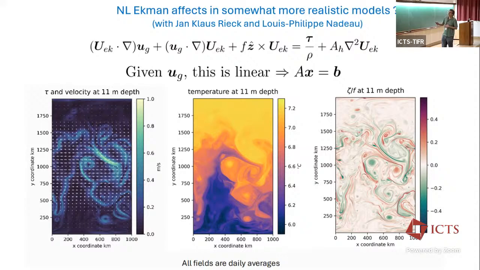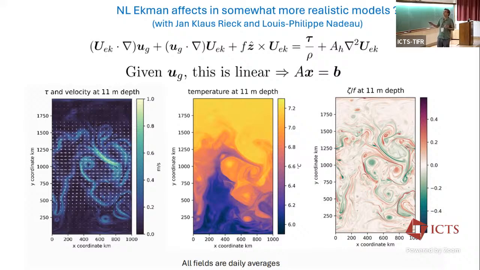And I plug it into this equation. Tau, I know what tau is, and I used viscosity. The actual model, I think, used biharmonic, but in our Ekman equations, we had to use harmonic. It's called the nonlinear Ekman dynamics, but this is a linear equation. In other words, I'm taking U geostrophic or U model to be known.